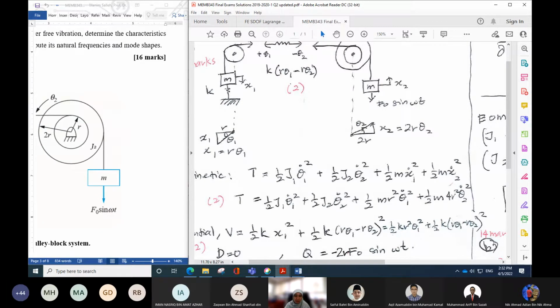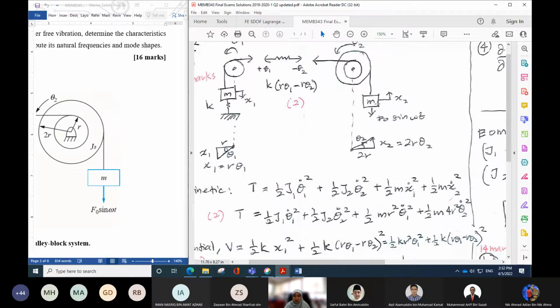But now your x1 in relation to theta is at a distance of r. So if it's at a distance of r, the way we write it is x1 equals r theta 1. Do the same thing for your x2, because this x2 belongs to the m. So this x2 now is the slightly tricky part.